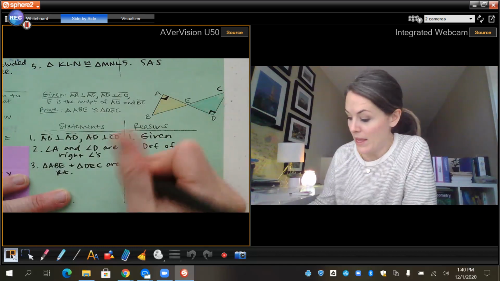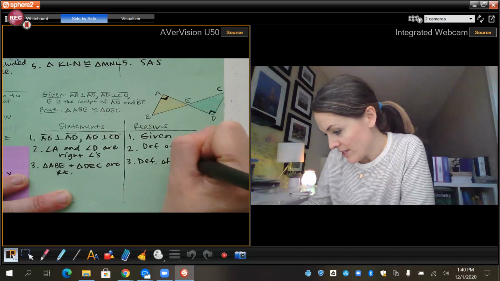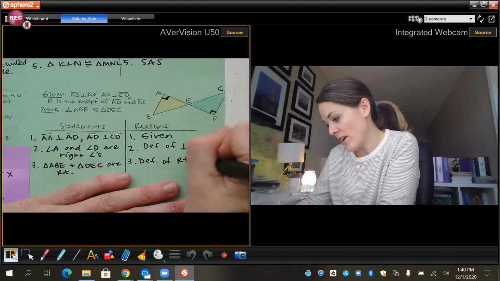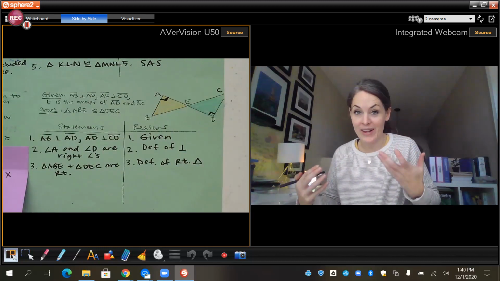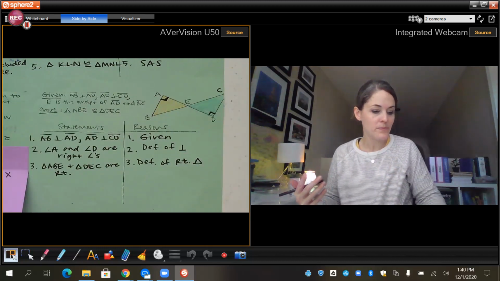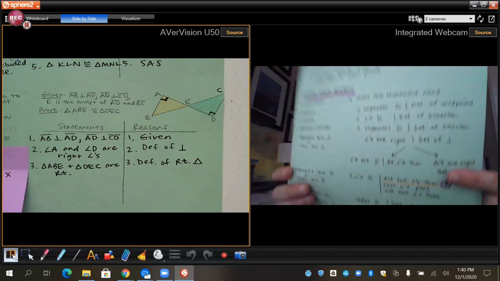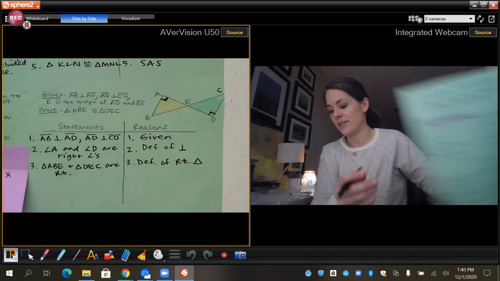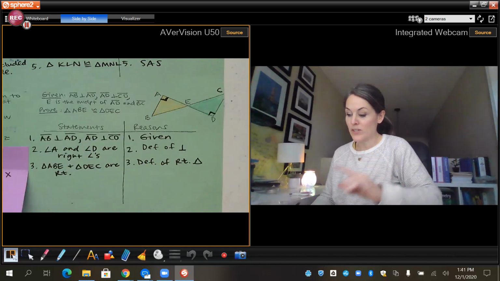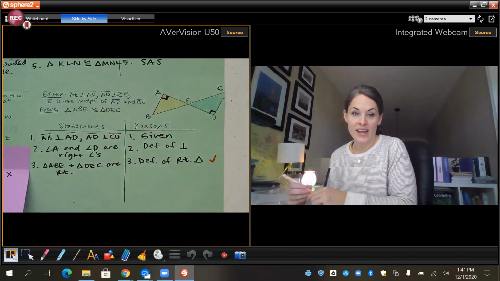Okay, and that would be by definition of right triangle. Okay, by definition, if a triangle has a right angle, then it is a right triangle. Okay, that is also on your reference sheet right here. Right after you state angles are congruent, then you can state triangles are right. Okay, all right, so I have that first part of my checklist. Check. Okay, so now let's keep going.